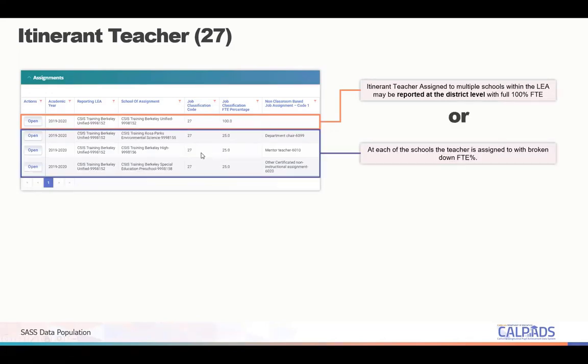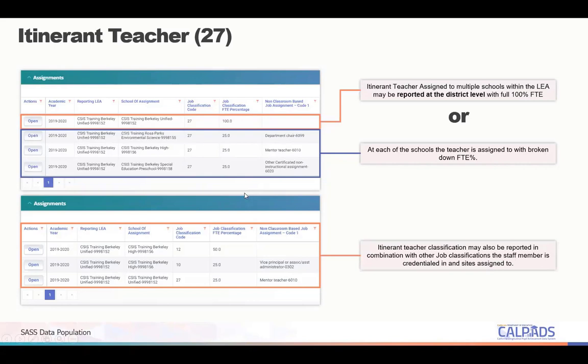Alternatively, you can also assign the teacher to the different school of assignments that the teacher is assigned to. You just have to make sure that the job classification is evenly distributed to each of those schools.